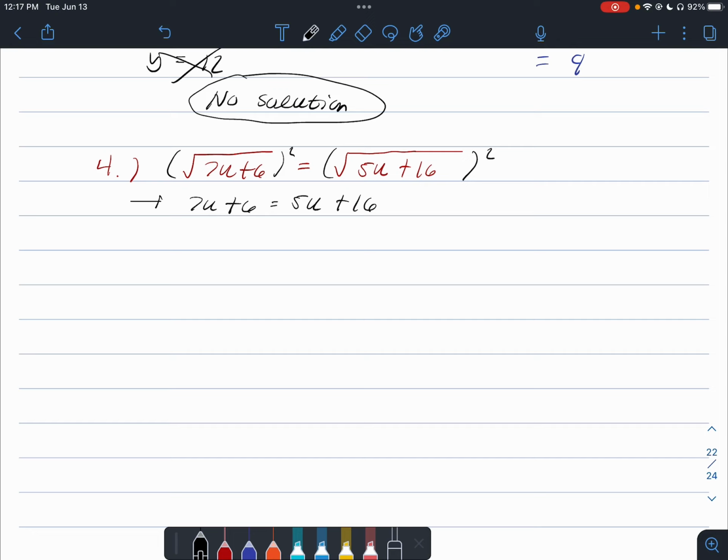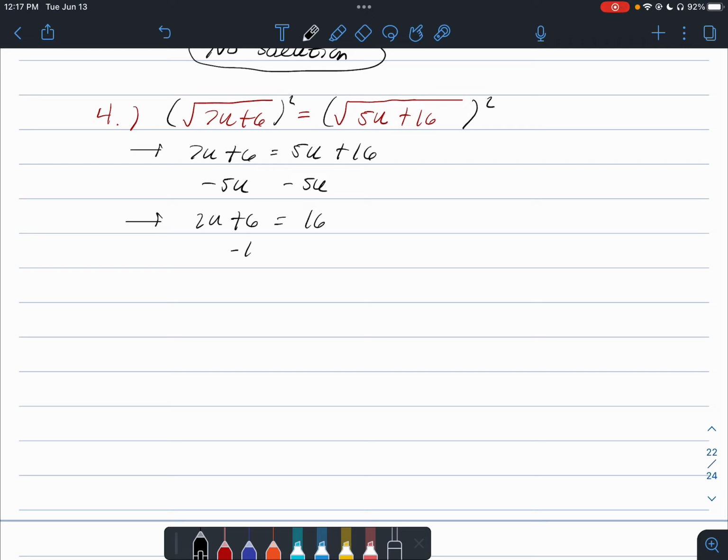Okay, so now let's see if we can isolate our variable on one side and the constants on the other. So let's take 5u away here. Okay, and so we'll end up with 2u plus 6 is equal to 16.